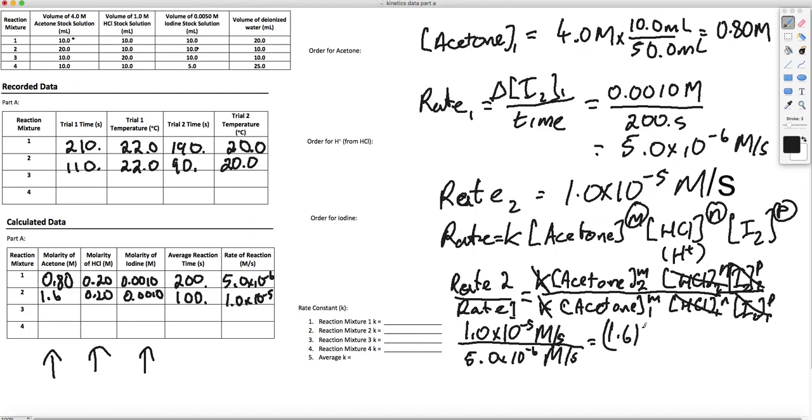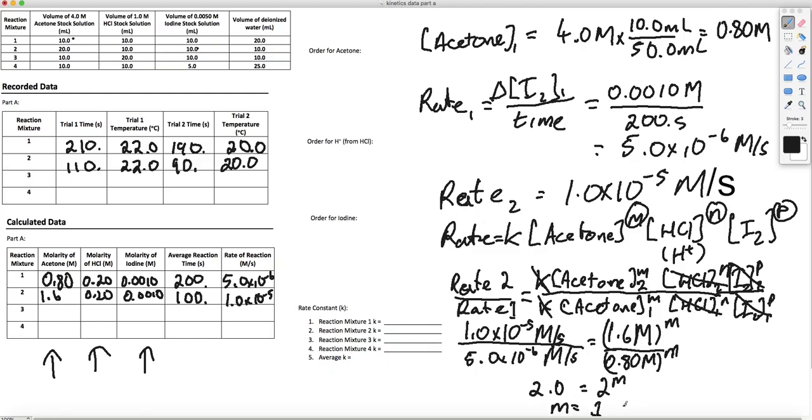Now it's 1.6 molar to the power of M, and we've got 0.80 molar to the power M as well. So you can see here that once we do the math, this ends up being 2, or 2.0, and that ends up being 2 to the M, and you can see that M would then be 1.